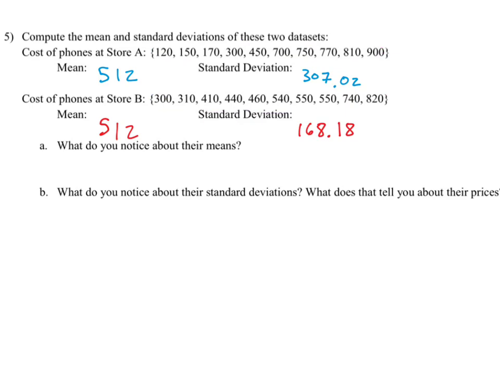What the standard deviation does is it's giving a measurement of how spread out the data is. You can almost think of it as the average distance from the mean, or about how far the numbers are from the center. So on this one, the center's 512, which is about here, and on average, the other numbers are about 307 away.